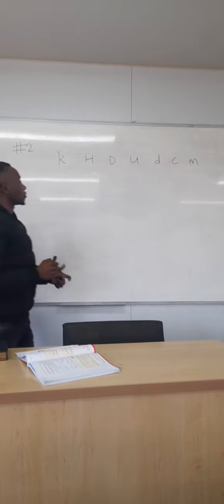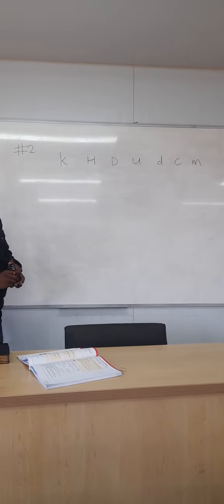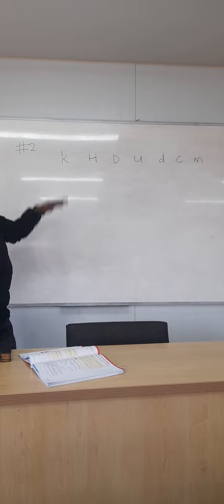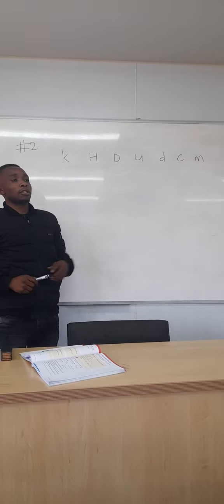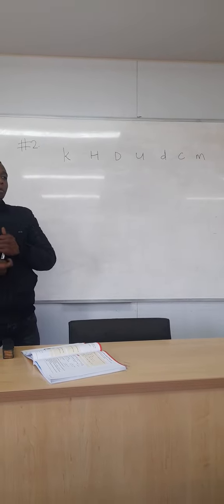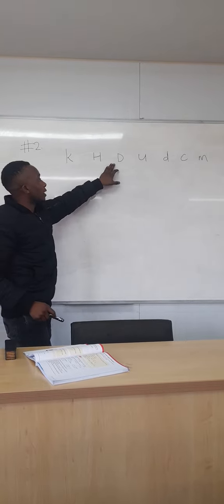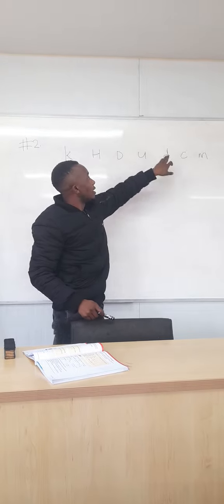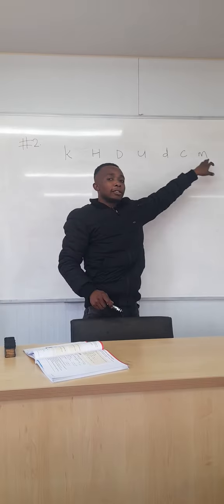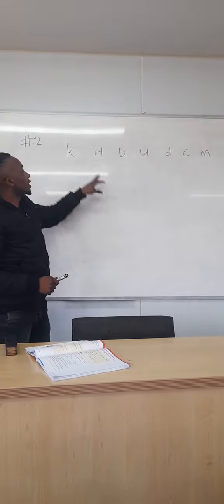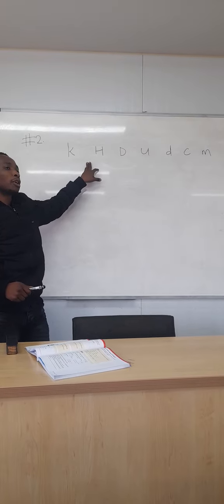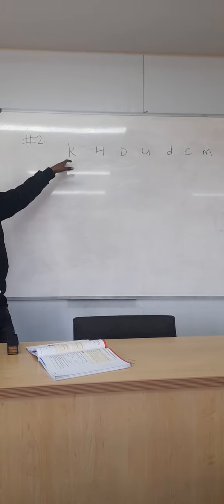Okay, so this is very interesting. To memorize this, you can give it maybe an acronym. It says King Henry died unexpectedly drinking chocolate milk. So this is the acronym that you can use to memorize this.